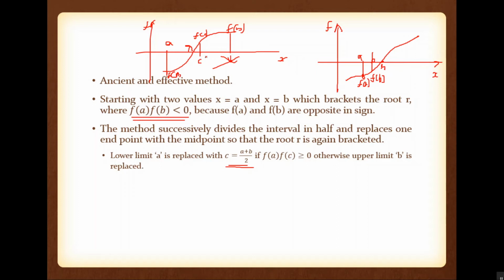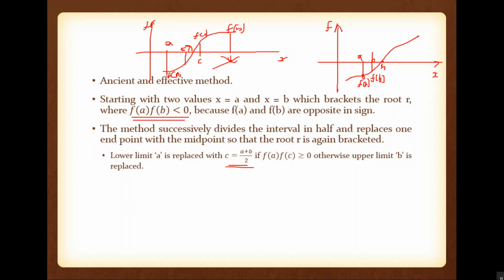So my question is, can you give an answer? If f of a into f of c is positive, what do we have to replace? That one is also possible. In some situations, f of a into f of c will be positive. If f of a into f of c is positive, means c is lying somewhere here. Then you can see that f of a is negative, f of c is also negative, then the product is positive.